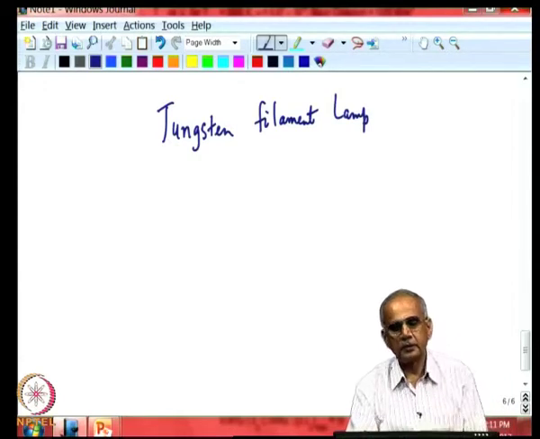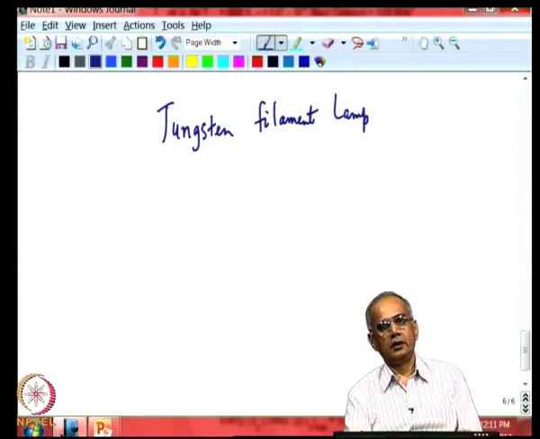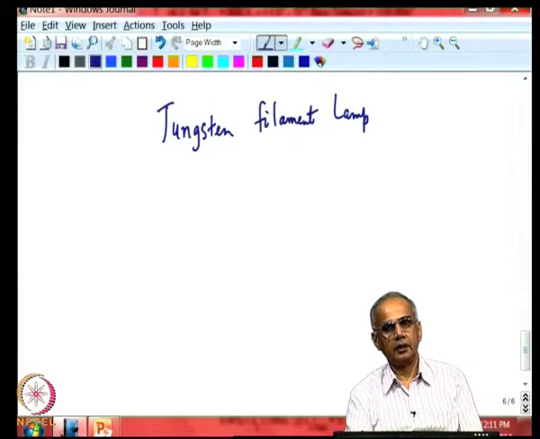For more than 100 years, this was a traditional lamp used for lighting houses and industries. Of course, today slowly this lamp is getting phased out, primarily because these lamps are not very efficient.